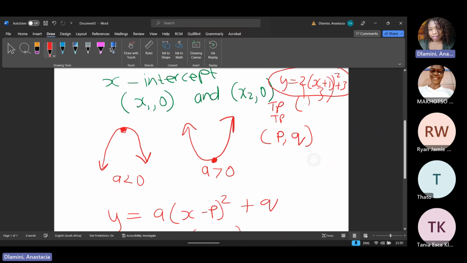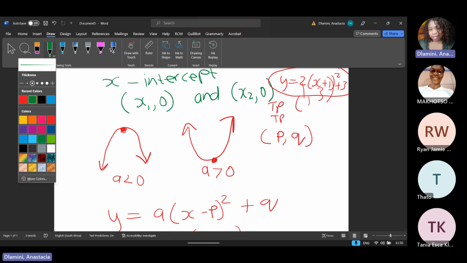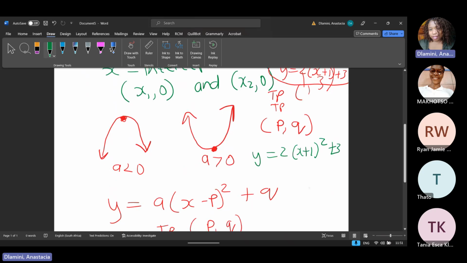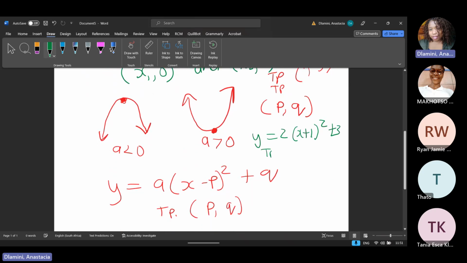Now, my question was, if you are given y equals 2(x plus 1) squared plus 3, what would be the turning point? The first answer I got was that the coordinates of the turning point are 1 and 3. I want the second option, then I'll explain if it is correct or not.